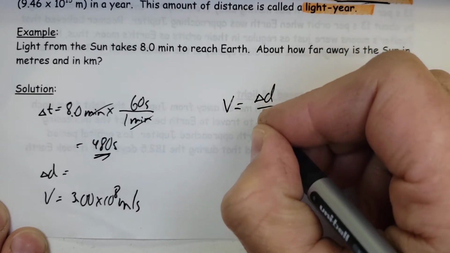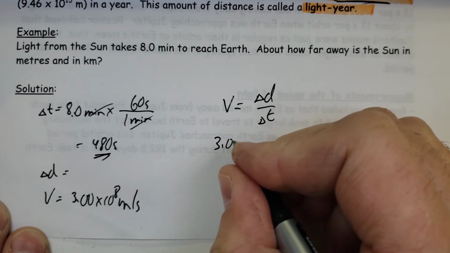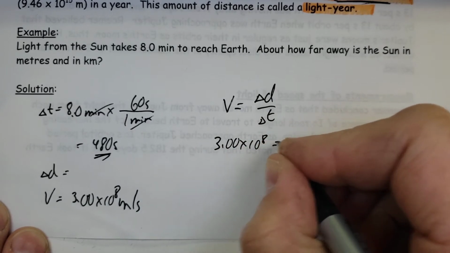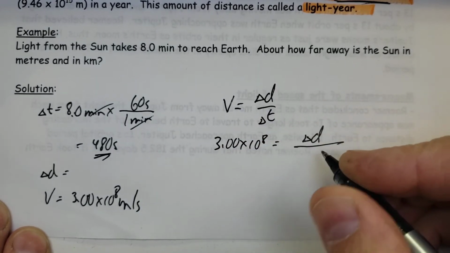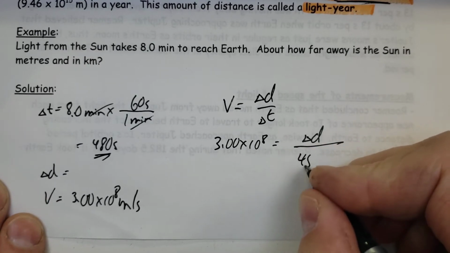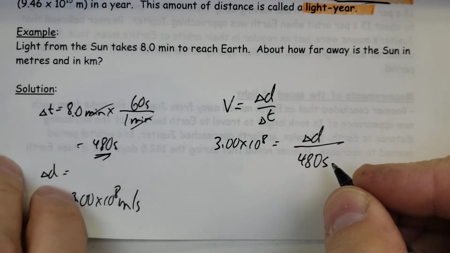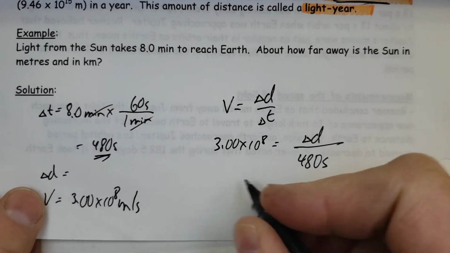So V equals D over T. The speed of light and the time it takes light from the sun to reach us, 480 seconds. Isn't that amazing? Light exits the sun and it takes that long to reach us.